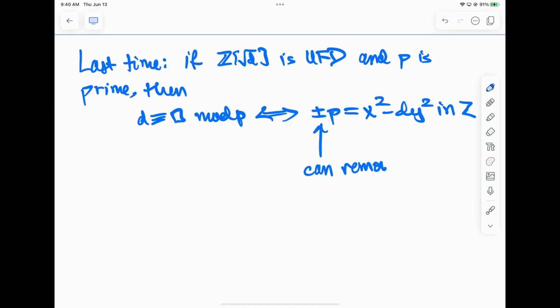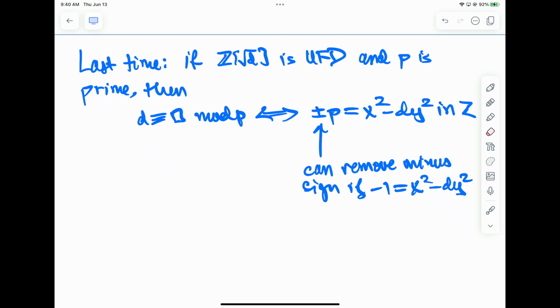You can remove the minus sign here if −1 is itself of this form. You can then just show that you can massage out the minus sign. If −p has this form, then p does as well.